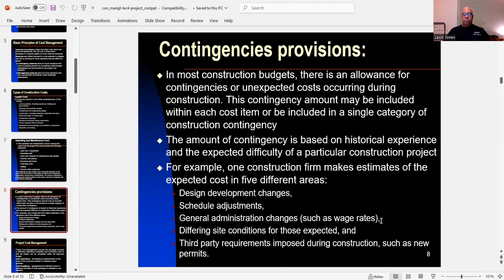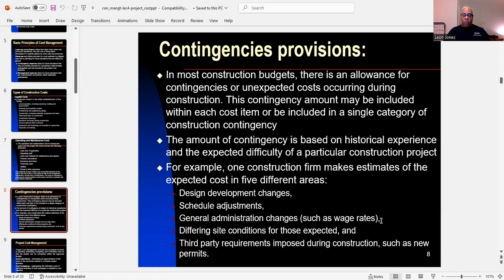For example, we have one construction firm that makes estimates of the expected cost in 5 different areas: design development changes, schedule adjustments, general administration charges, and what's included with that, wage rates.